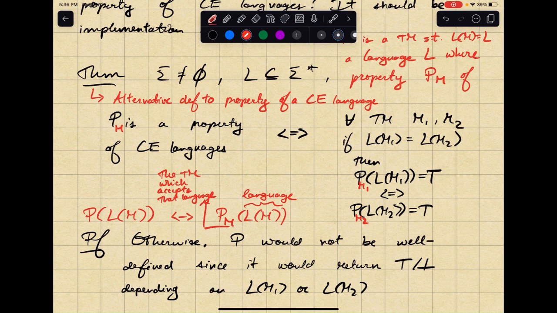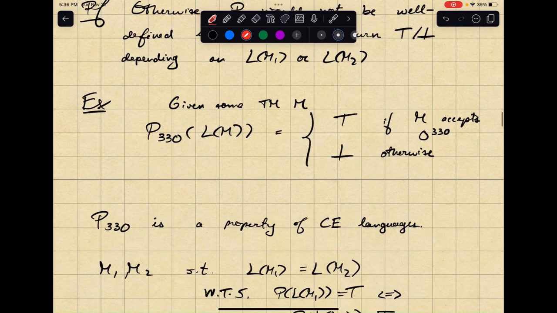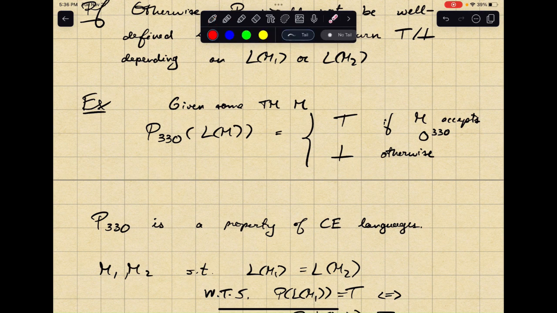And so that's why when I did this example here, I was saying, well, let's be given some Turing machine M, which accepts some CE language, because what I'm saying is that I have a CE language, yes, but it's represented through some Turing machine.